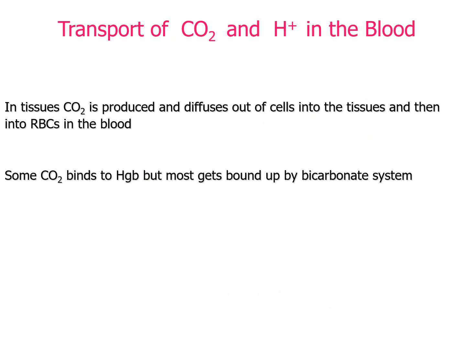So, as I said, in the tissue, CO2 is produced, diffuses out of the cells into the tissue and then into the red cells. A little bit of that CO2 can bind directly to the hemoglobin, but most of it gets bound up through the formation of bicarbonate, and the bicarbonate goes out into the plasma.